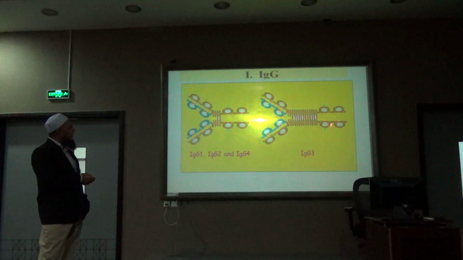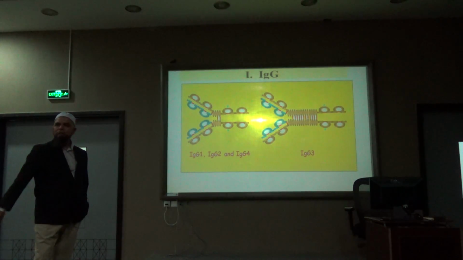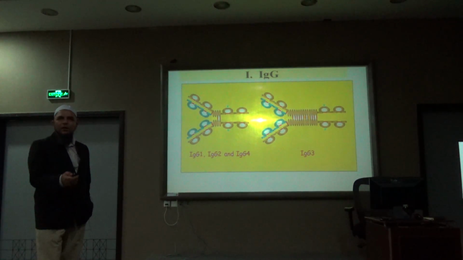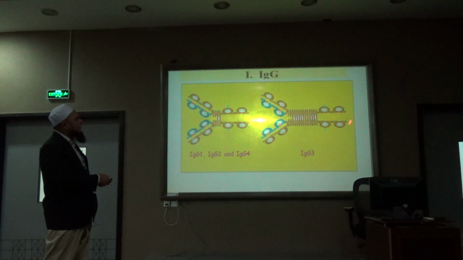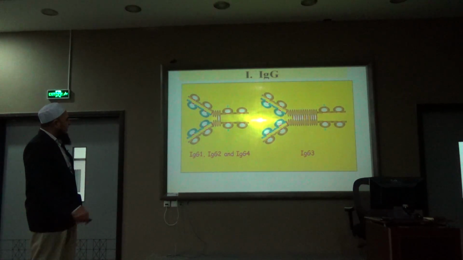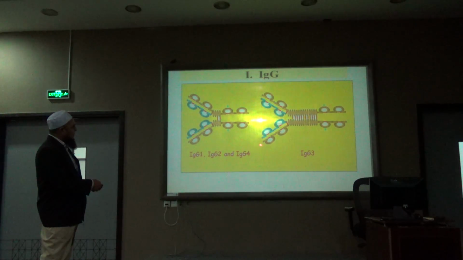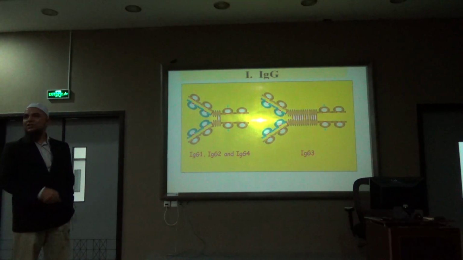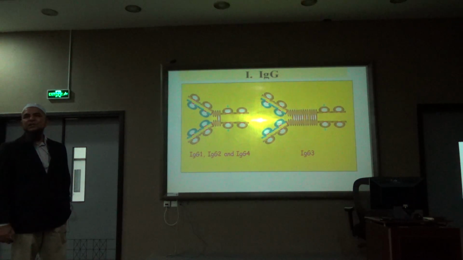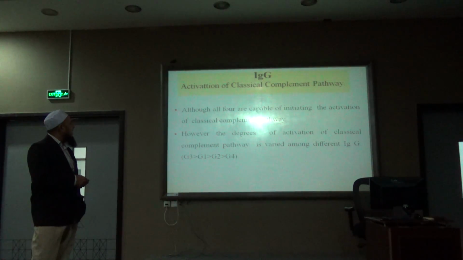Simple, two heavy and two light chains. Clear? What is this site? Complement binding site. What is this region? Fab region, antigen binding site. Tamam?